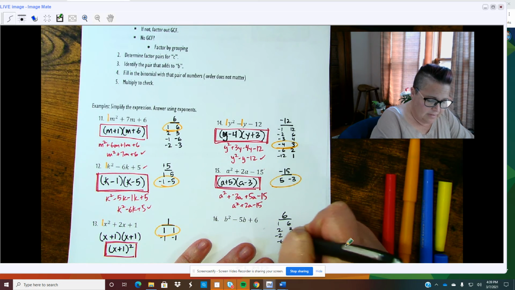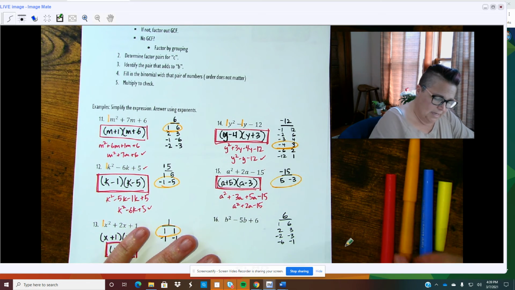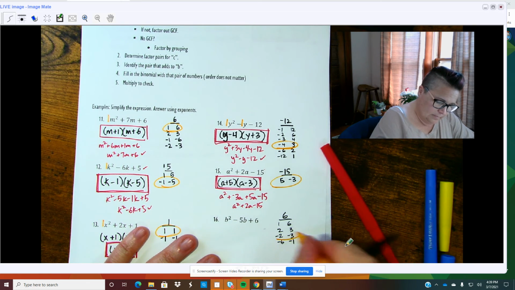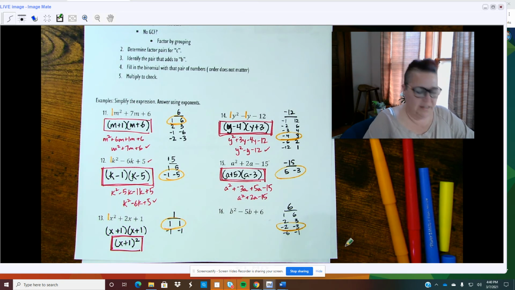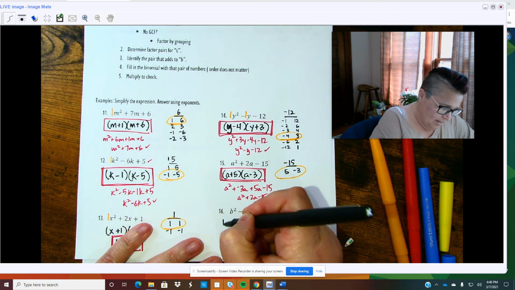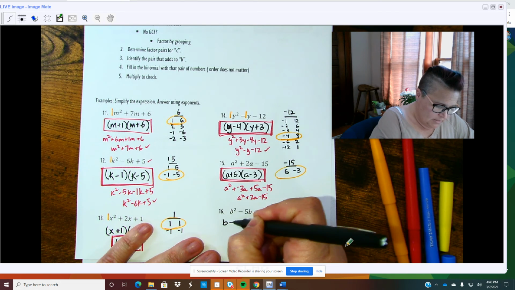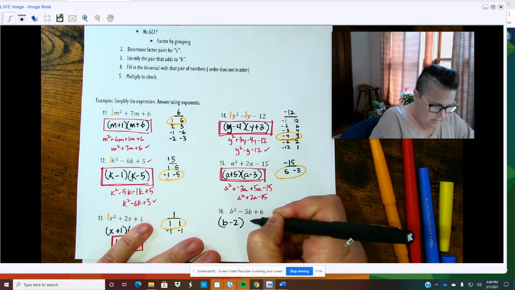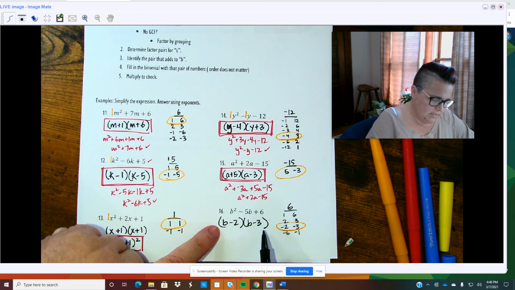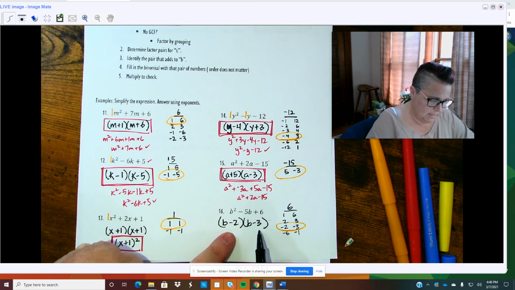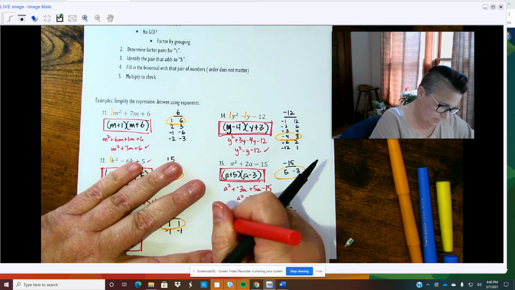And a negative 6 and a negative 1. Okay. So I need the negatives. So sometimes to avoid easy mistakes, it's better to write it out. So this will give me a b minus 2 and a b minus 3. B squared minus 3b minus 2b plus 6. Yep, that'll work.